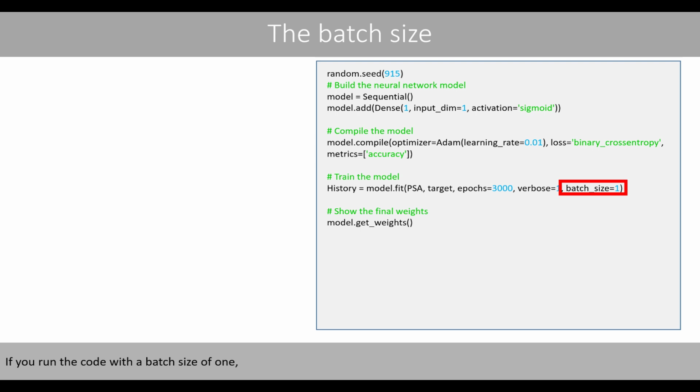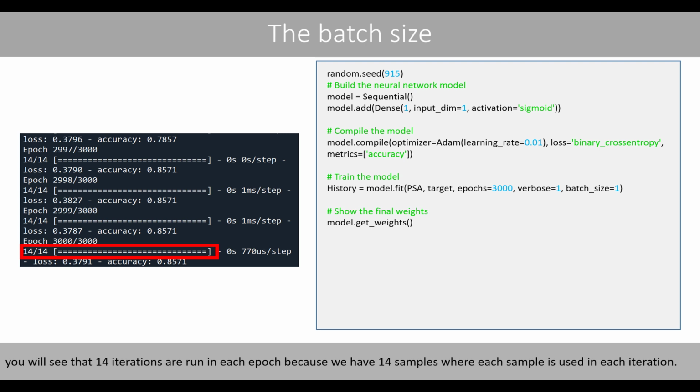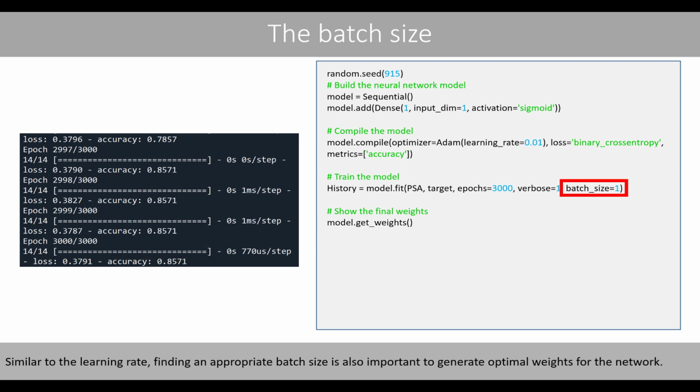If you run the code with a batch size of 1, you will see that 14 iterations are run in each epoch because we have 14 samples where each sample is used in each iteration. Similar to the learning rate, finding an optimal batch size is also important to generate optimal weights for the network.